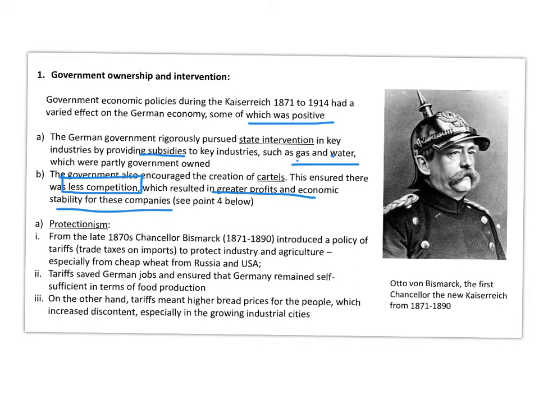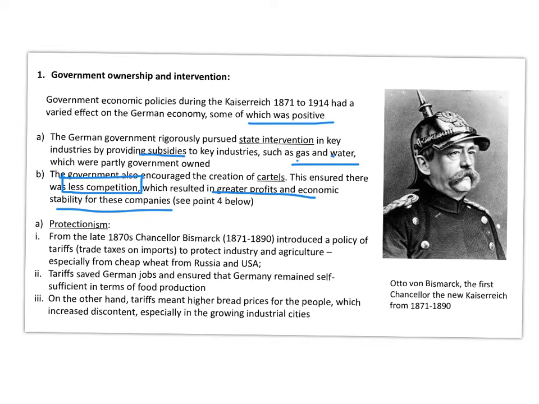So what it does is it stabilizes the market for those companies that combine. They're pretty guaranteed to survive, aren't they? Because they have been allowed to form and combine. And the point we're making here is that was a form of government intervention.